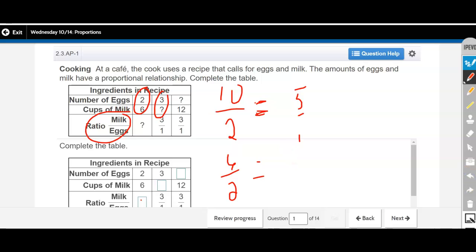It would have to go, remember, the ratio is milk to eggs. So I don't know the milk, but I do know the eggs is 3.